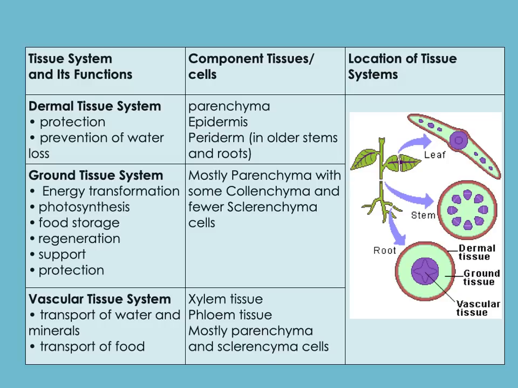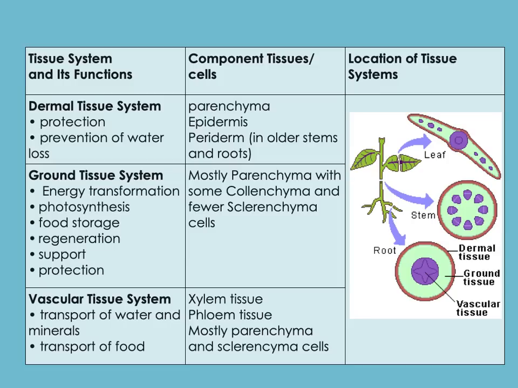If you make a cross section of the stem, you can see that the tissue is divided into three systems. That is the dermal tissue system, which is the outer part, the ground tissue system in the middle, and the inner system, the vascular tissue system.